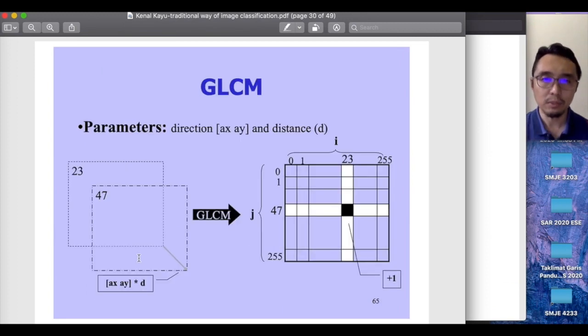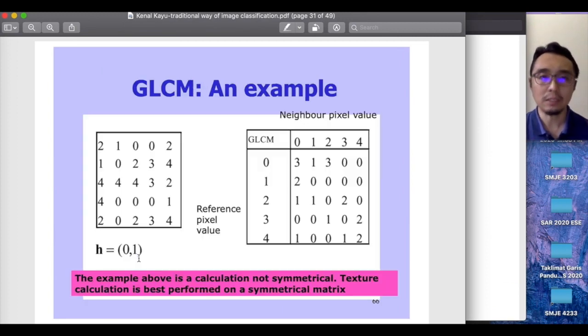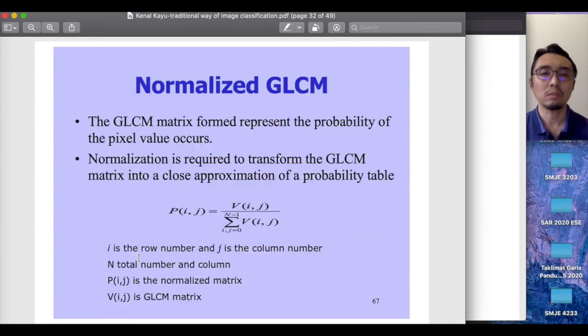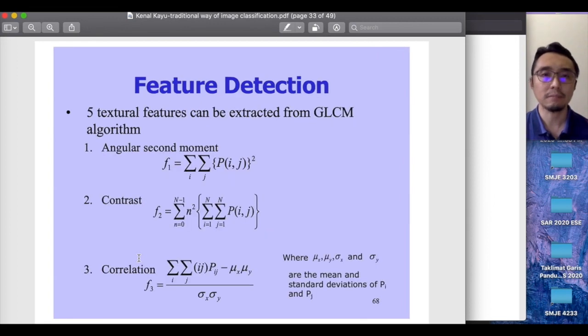That's the procedure, which you are not responsible for, just to know how the texture analysis has been done, i.e. obtaining the feature from the image.